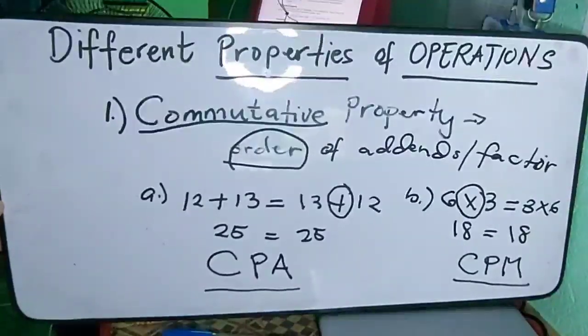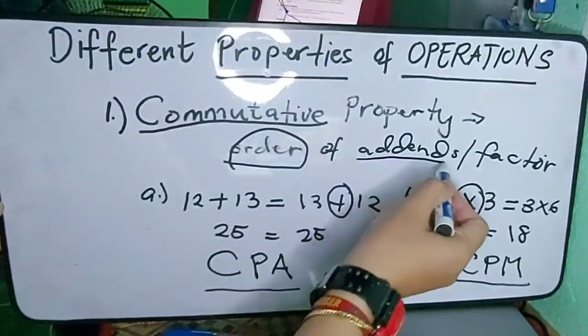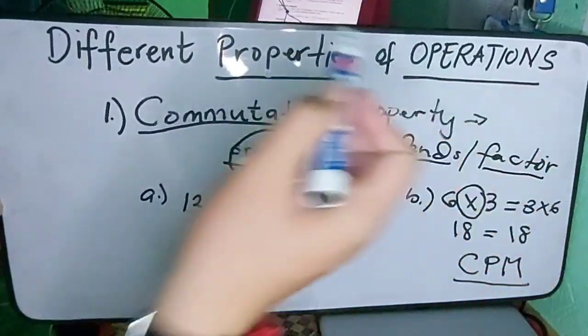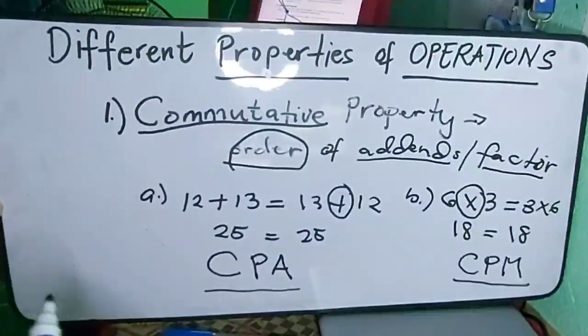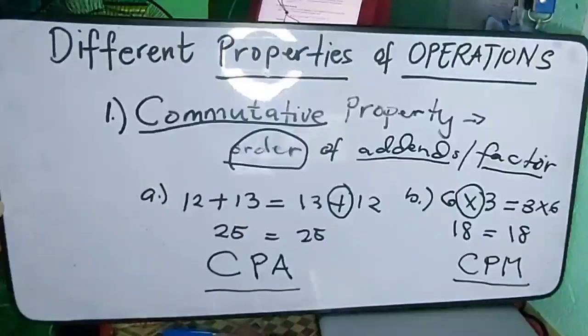So I repeat, the commutative property states that the order of the addends or the factors does not affect the result. Very good, that is our first property.